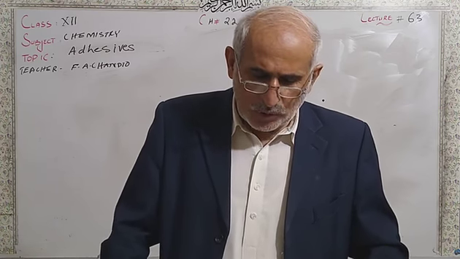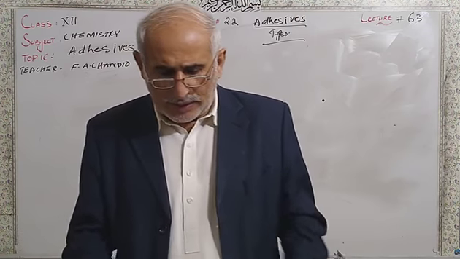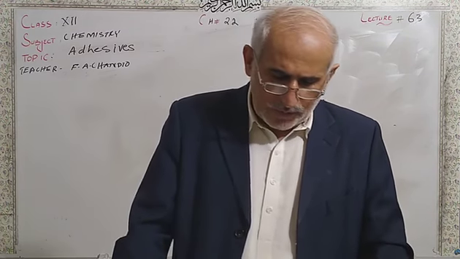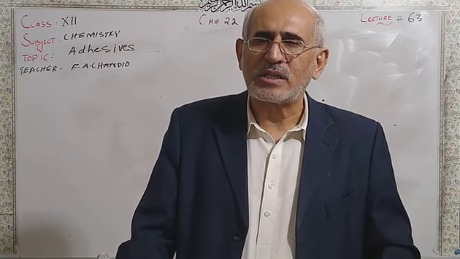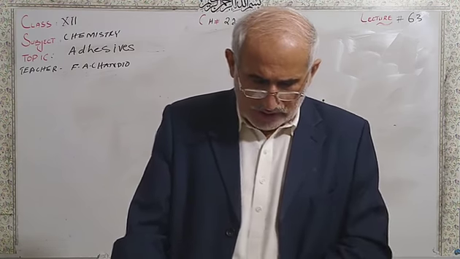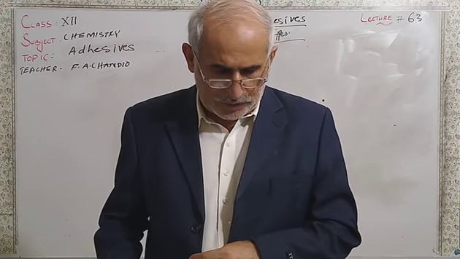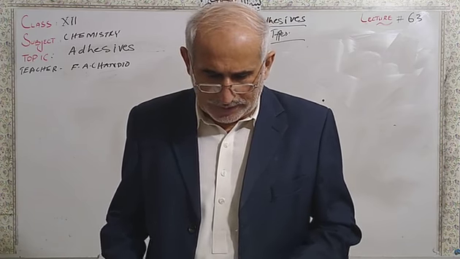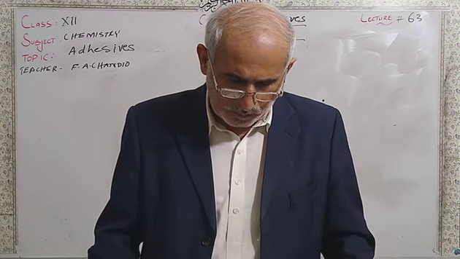Ultraviolet and light curing adhesives. Ultraviolet and light curing adhesives consist essentially of low to medium molecular weight resins. So dear students, chapter 22 is going to end here. These are the quick quizzes. What are adhesives?